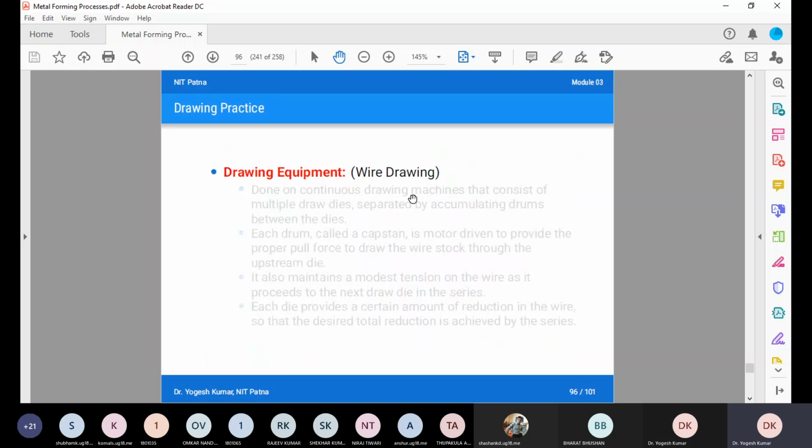Then we come to the drawing equipment used in the case of wire drawing. In the case of wire drawing, we have multiple machines. Wire drawing is done on a continuous drawing machine that consists of multiple draw dies separated by accumulating drums between the dies.